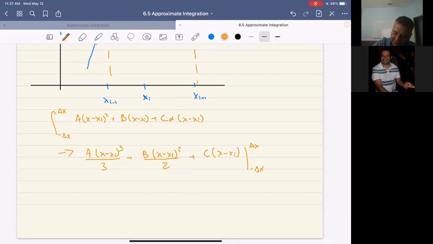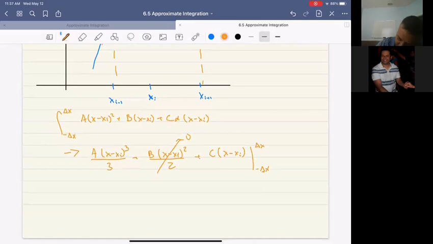And the point is that this is going to be 0 there. Okay, so we're going to end up with a times 2 delta x over 3, sorry, 2a over 3 times delta x cubed plus 2c delta x.